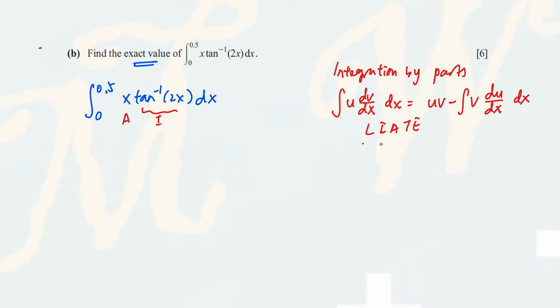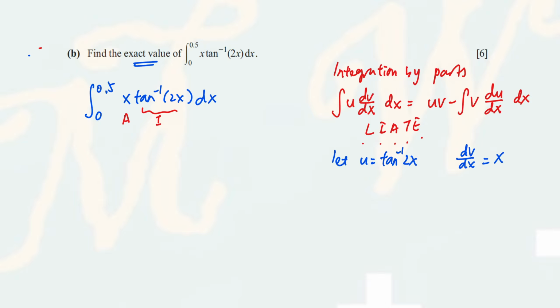Okay, L is ln, I is the inverse trigo, A is algebraic, T is trigonometric, E is exponential. So in this case, I have the I, which is the inverse trigo function. Therefore, my u is arctangent. Okay, so I will just write here, let u equal arctangent of 2x, and then my dv/dx is going to be x.